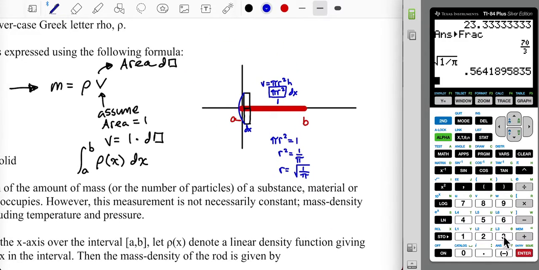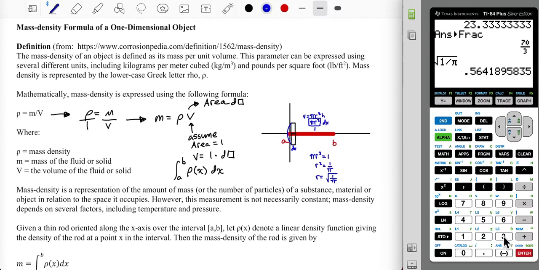So that fits the definition of a thin rod. Rod as in being cylindrical, kind of like a straw, I guess, but having a diameter of a little bit more than 1 unit. So that would suffice in being defined as thin.